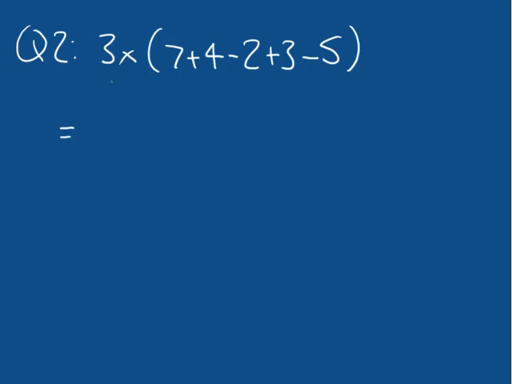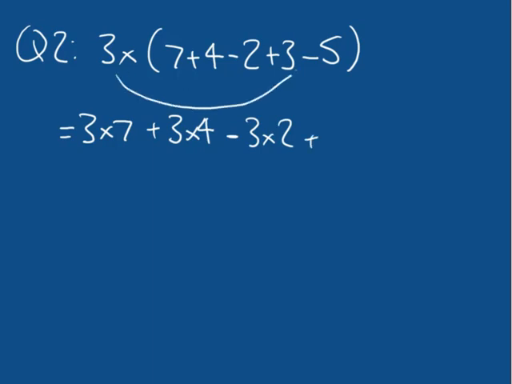That is equal to 3 times 7 plus, because we're adding inside the parentheses, 3 times 4 minus, because we're subtracting inside the parentheses, 3 times 2 plus, because we're adding inside the parentheses, 3 times 3, and finally minus 3 times 5.